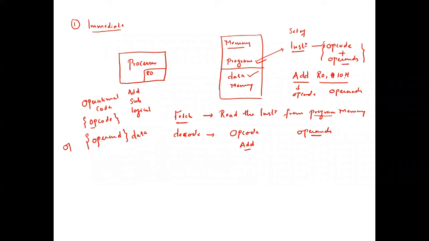This #10H is in the program memory only. When data is stored along with the instruction, we call it immediate data. I repeat: what does immediate data mean? Immediate data means the data that is stored in the program memory.